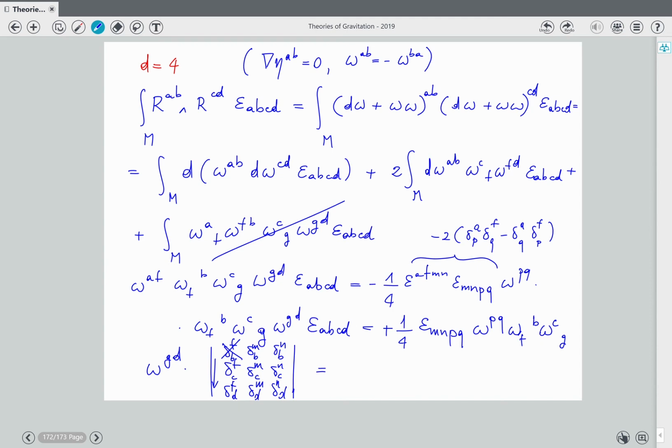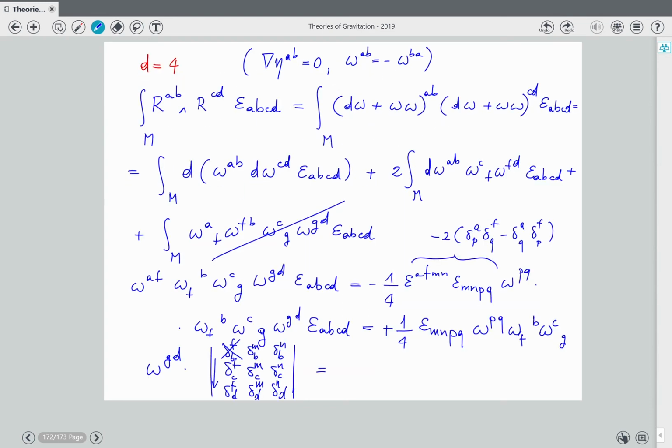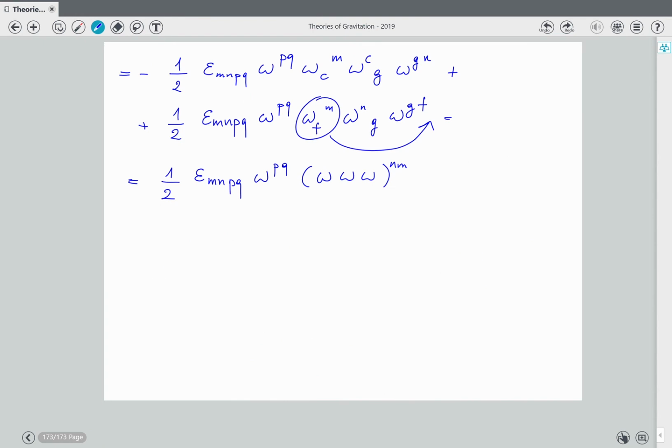So here there was a minus for the first, because it's in second place, first contribution, delta FC, omega CB, omega CG, omega GN. Okay.